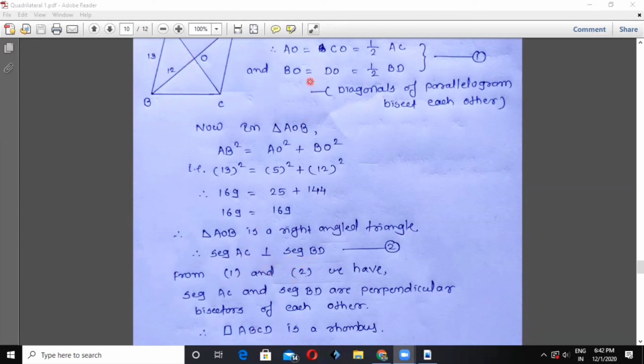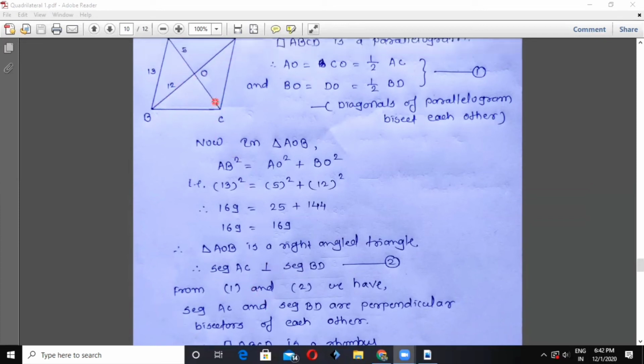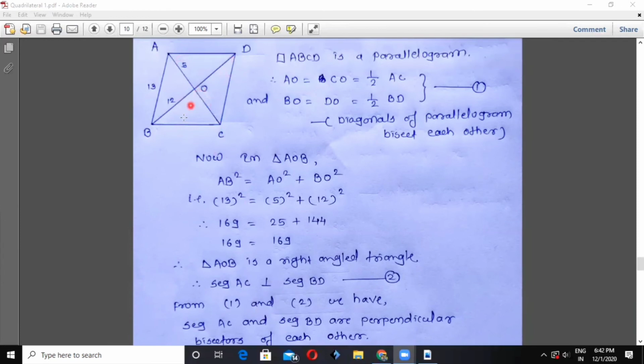So hence in equation 1 we have proved that these two diagonals bisect each other, and from equation number 2 we have proved that these diagonals are perpendicular to each other. That means diagonals of quadrilateral ABCD are perpendicular bisectors of each other.